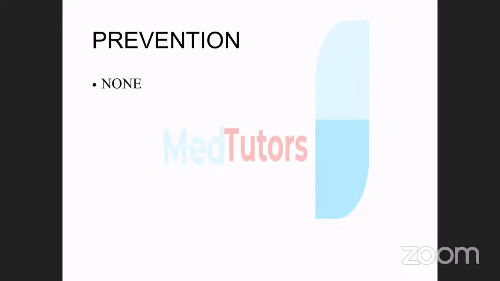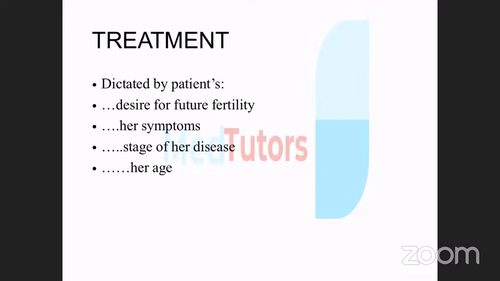So how do you prevent? Well, there's no specific prevention modality. However, if you suspect endometriosis, you only manage the symptoms. Next slide. Treatment is dictated by the patient's desire for fertility, her symptoms, her age, and her stage of the disease.